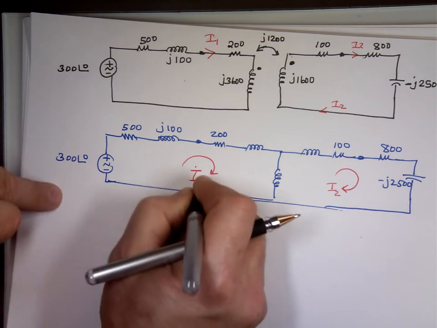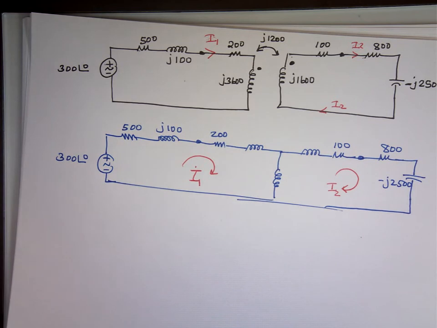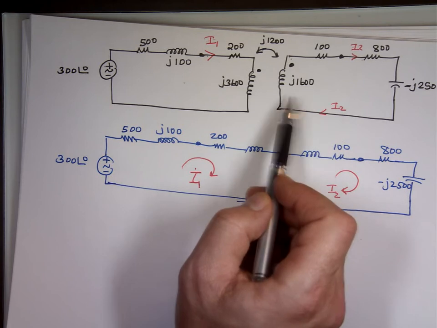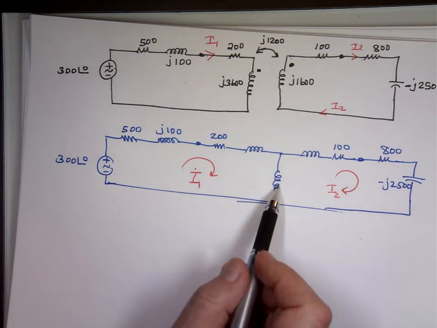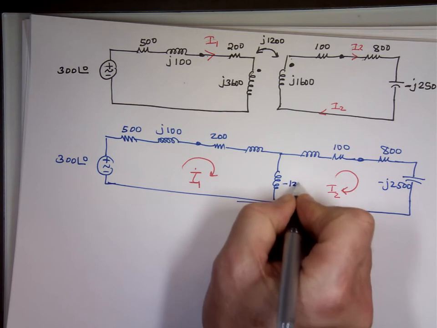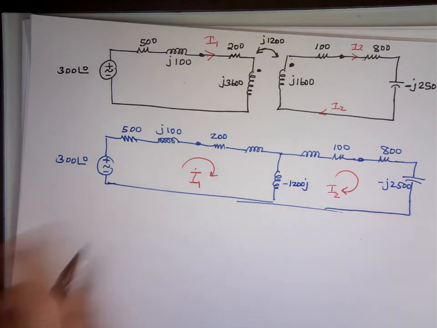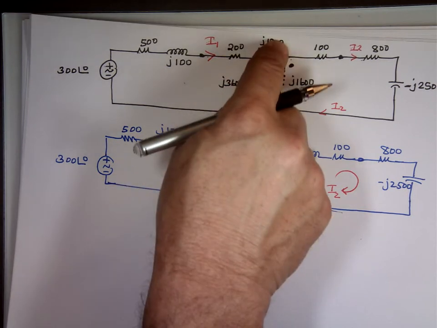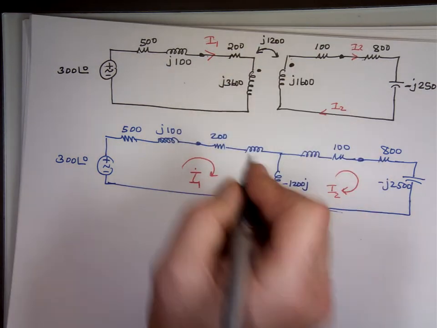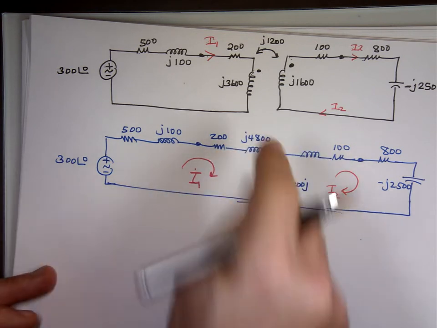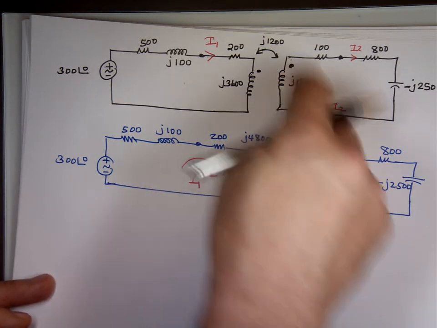So what's the value? Notice I have one current entering the dot, one entering the other end. So the mutual inductance, I'm going to make it negative J1200. And this one will be this value plus that one. J3600 plus J1200 is what? J4800. And this one here will be 16 plus 12, which is 28.